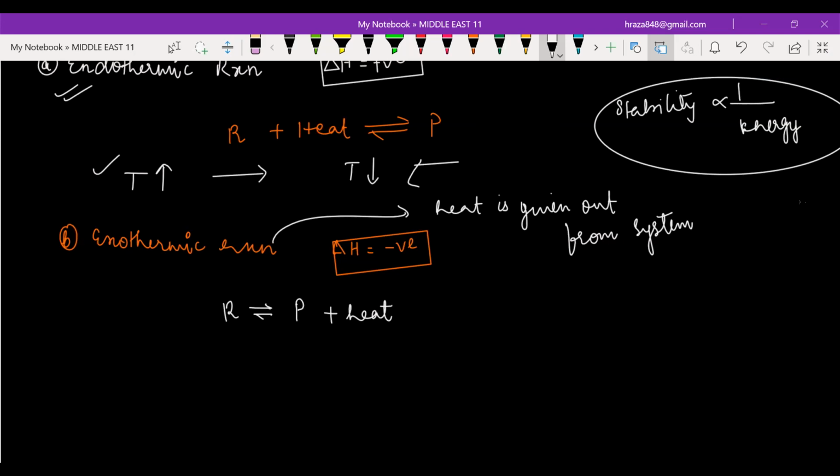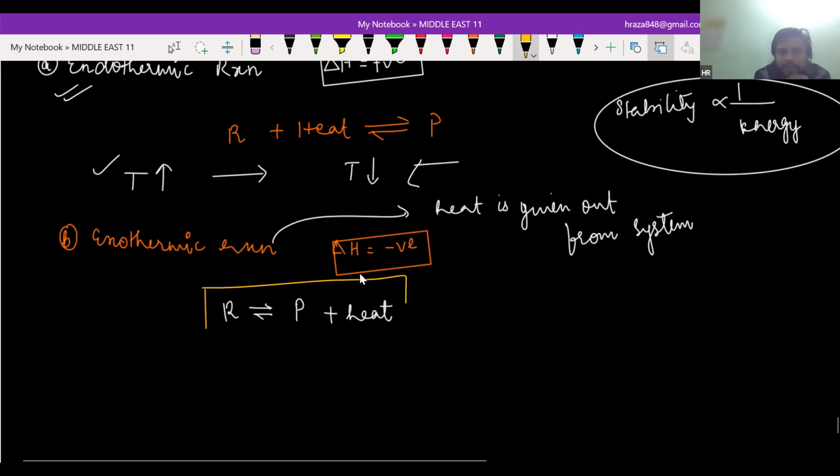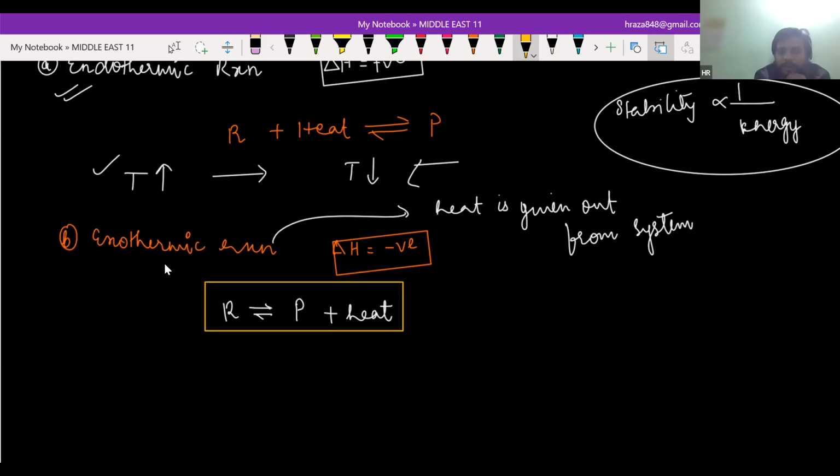Now see, for this reaction I am writing delta H is equal to negative, that represents an exothermic reaction. In this, the reactant already has too much heat, that's why it is releasing heat from itself. At this time, if you increase the temperature, you are giving it heat energy.